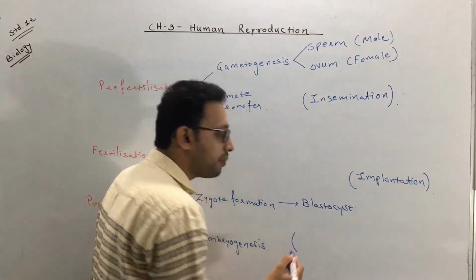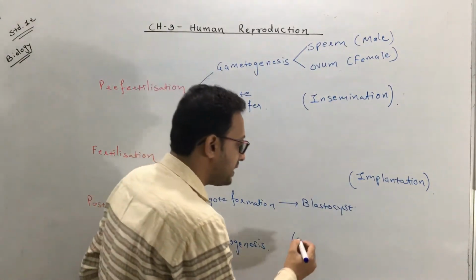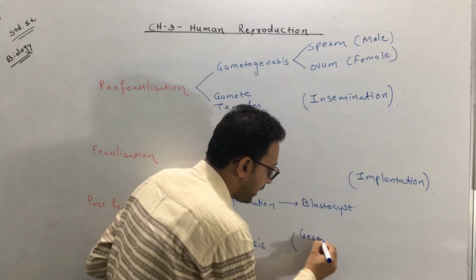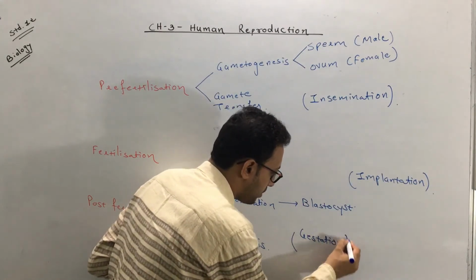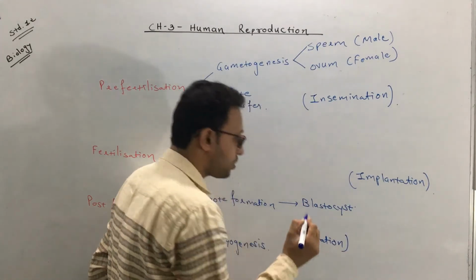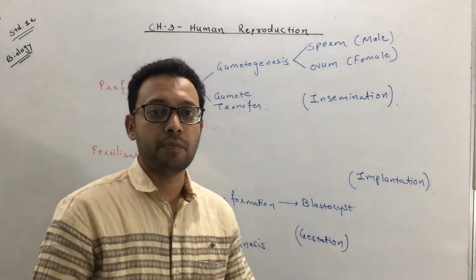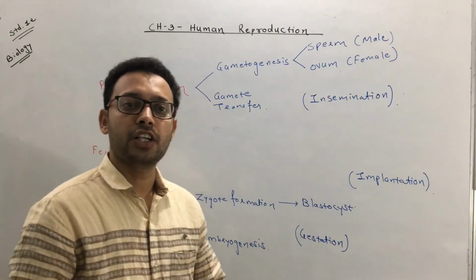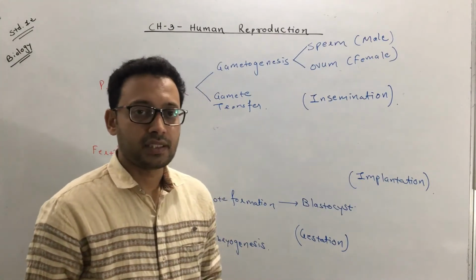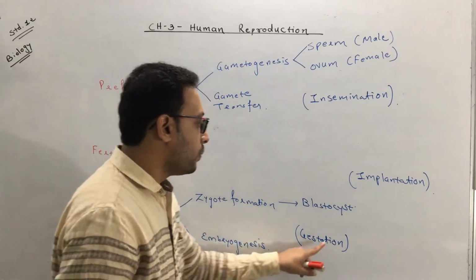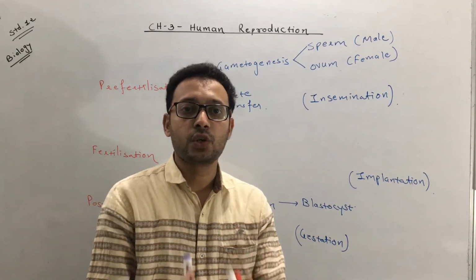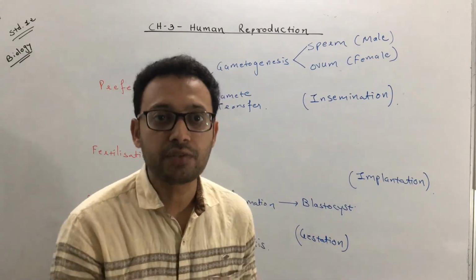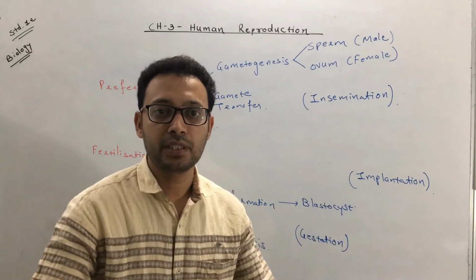And that we commonly call pregnancy, but in scientific terms it is called gestation. What is gestation? Gestation means the development of an embryo inside the female body, or commonly we call it pregnancy.